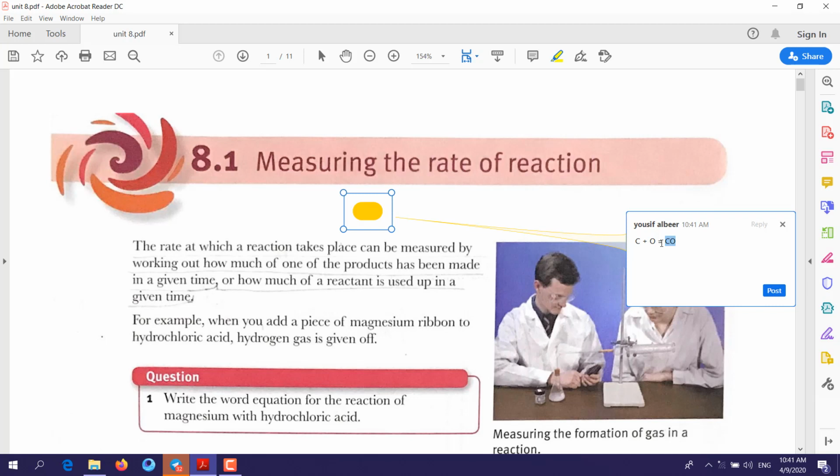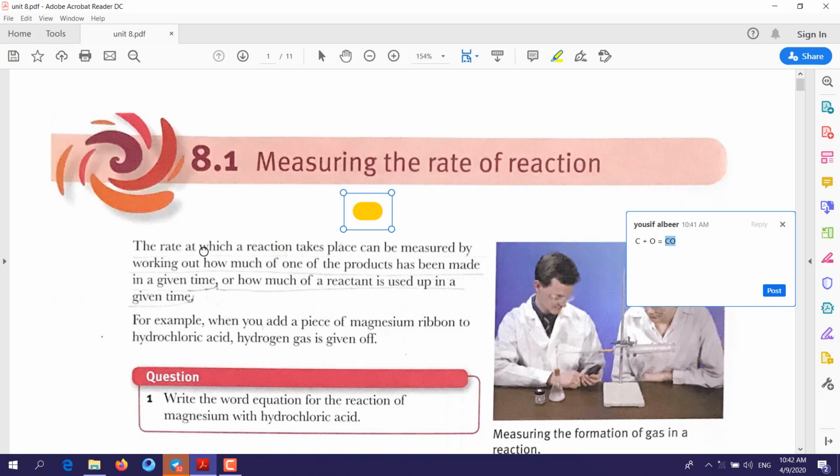Now, if we want to measure the rate of reaction, we will depend either on the amount of reactants that react in a specific time, or on the amount of products that has been made in a given time.